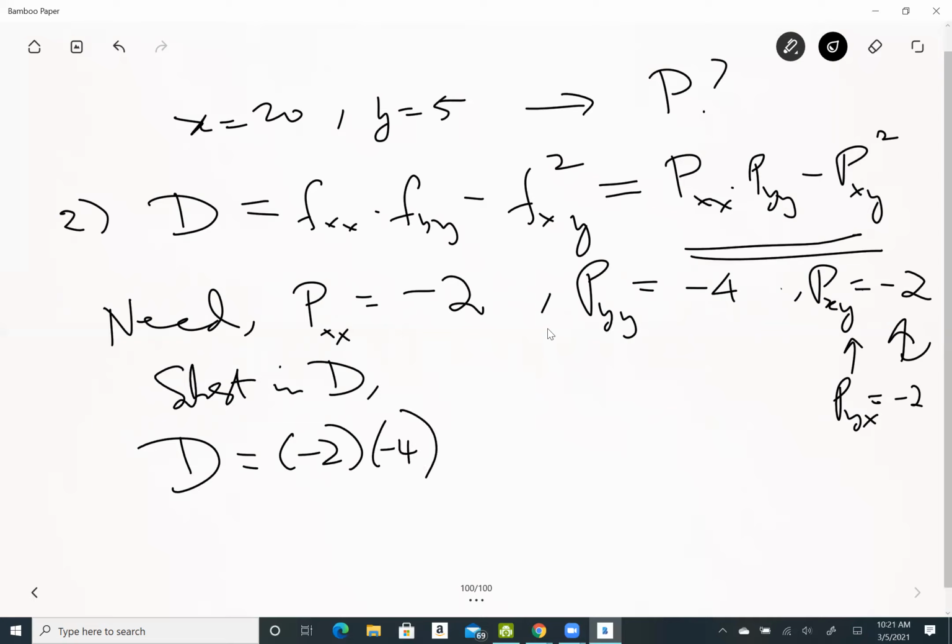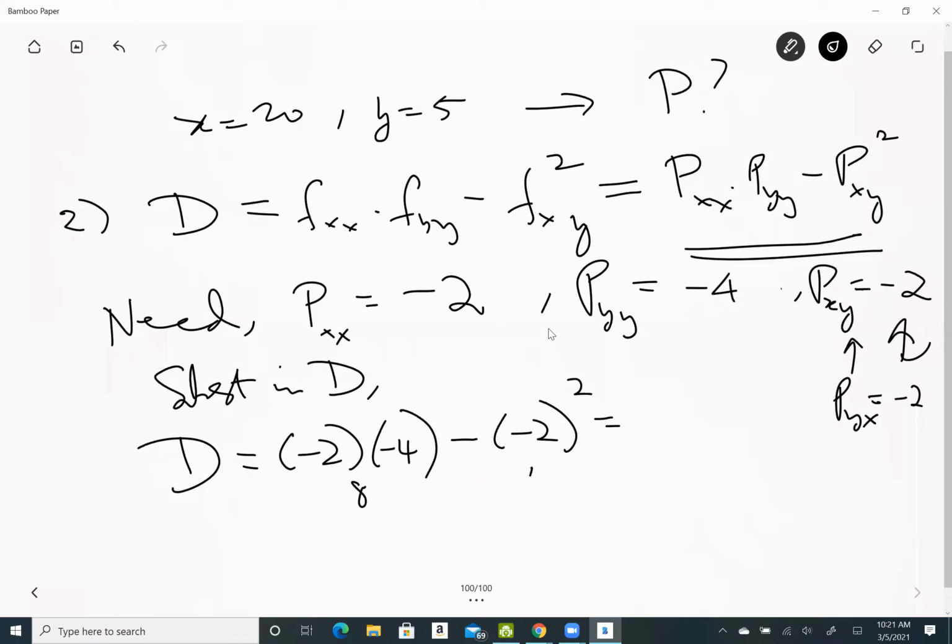And then minus pxy squared, so negative 2 squared. So you have 8 minus 4, that will be equal to 4. And 4 is bigger than 0.